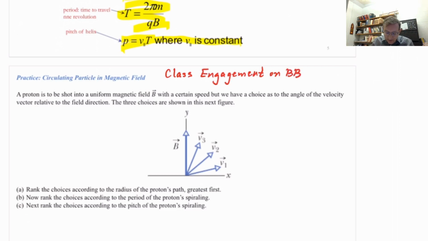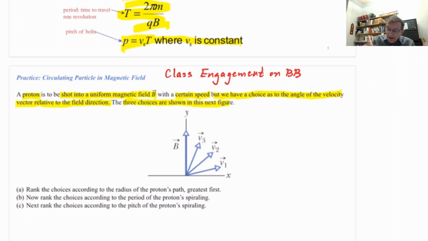In this situation, we have a proton, so we're telling you the charge. It's to be shot into a uniform magnetic field, B arrow. And there's the magnetic field vector. It's in plus y. See it right there? And this proton is shot with a certain speed. That's fixed. But what we have a choice of is the angle of the velocity vector relative to the field direction. And the three choices are shown.